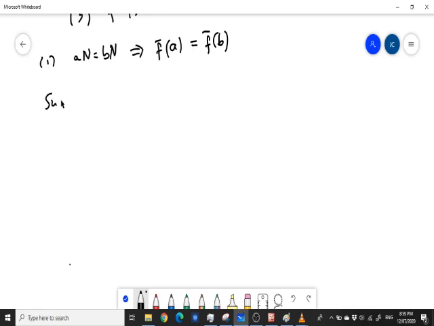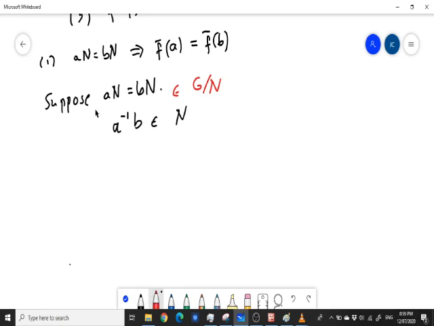Suppose aN is equal to bN. So these are cosets, elements of G mod N. Suppose that is true, then what does it mean? By definition, it means that a inverse b is in N, right? And if you multiply both sides on the left by a, it means that b is in aN, right?